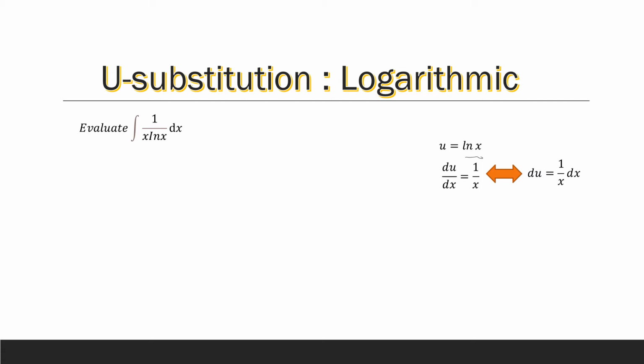So we get 1 over x, and the dx is brought to the opposite side, so we get du equal to 1 over x times dx. So the integration of this, we will get 1 over u du.